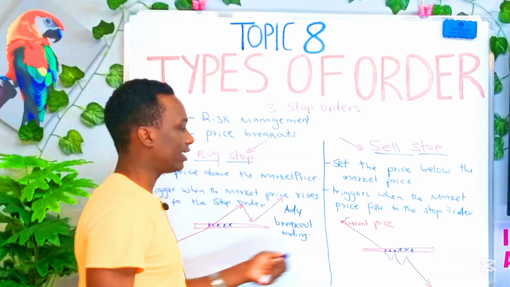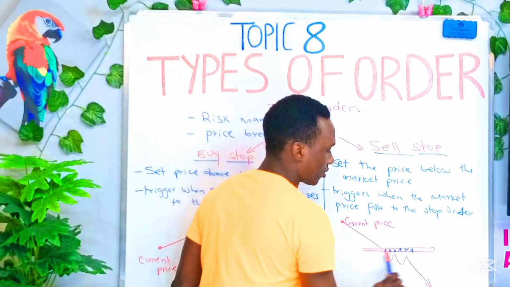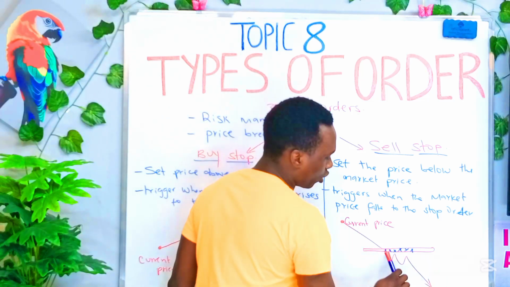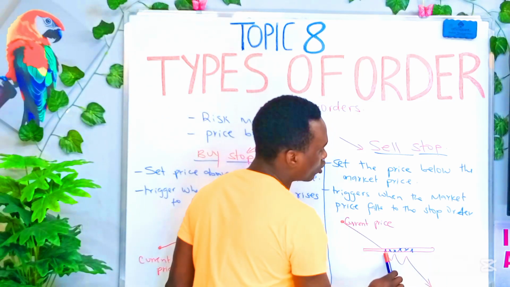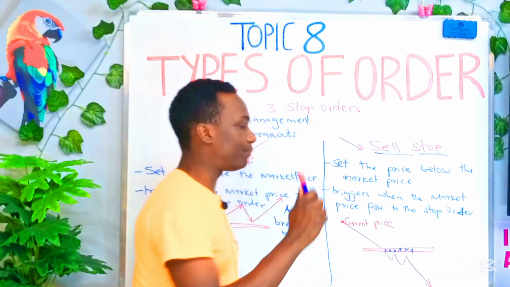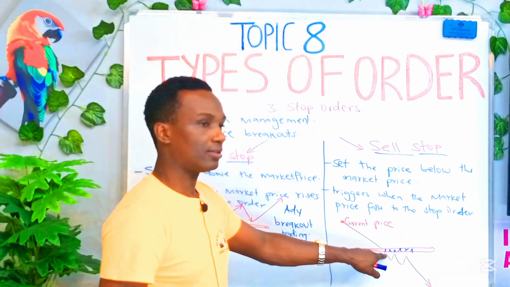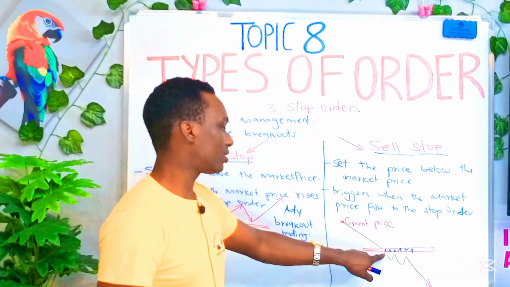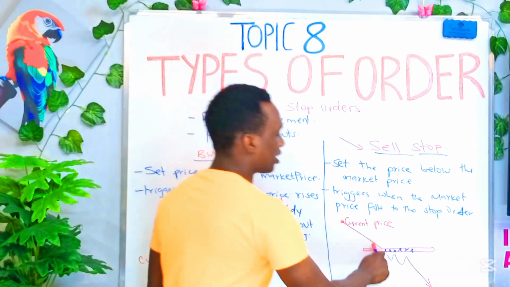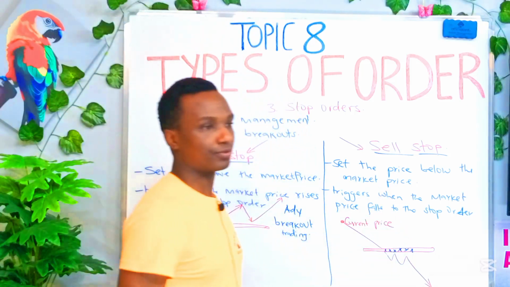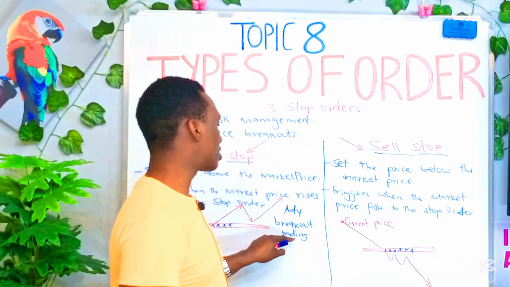In this case you have your support here. You will place your sell stop order a few pips below the support zone. It will trigger you into the market and you continue selling. So it is used in breakout trading.